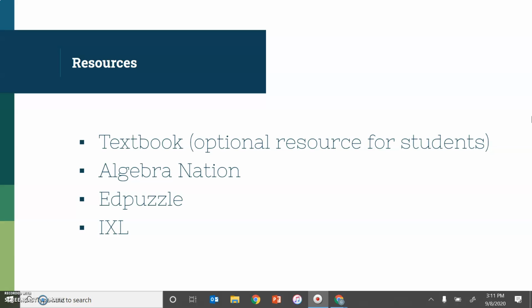IXL is a platform for students to do some tutoring at home and practice at home on their own. It is software that will allow the students to do some practice problems and tell them what they did right, which ones they did wrong, and how to do them right if they did them wrong. So that's something that I will be asking your students to work on, but I will also encourage them to do it on their own. So it will be a great resource.